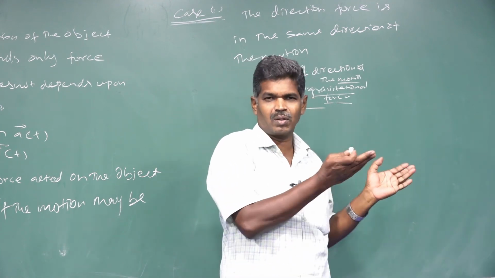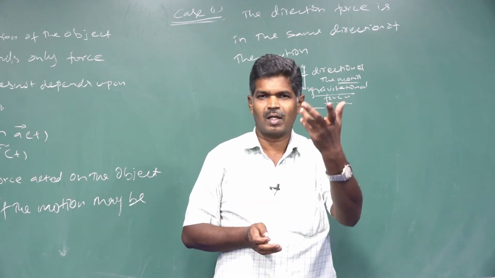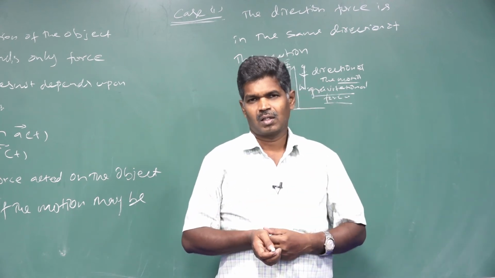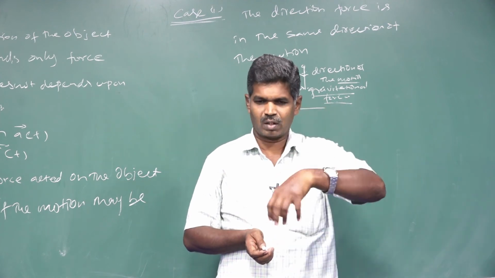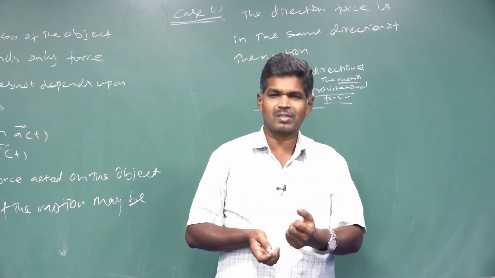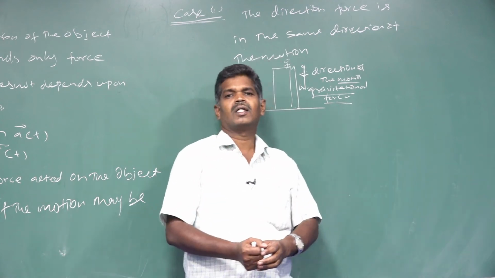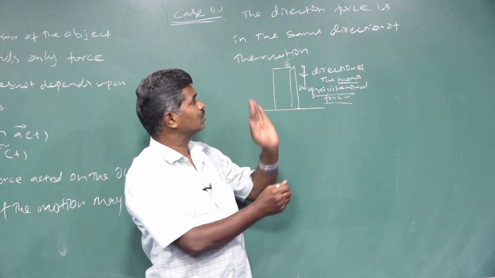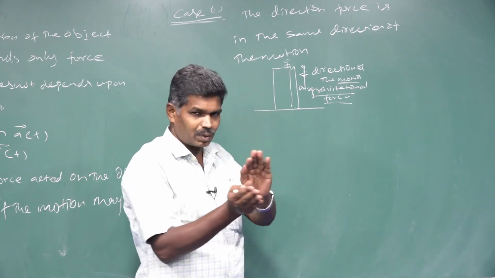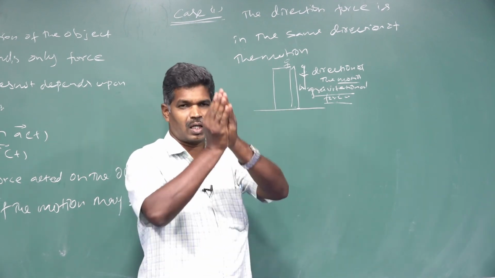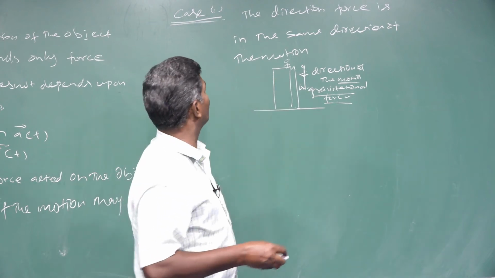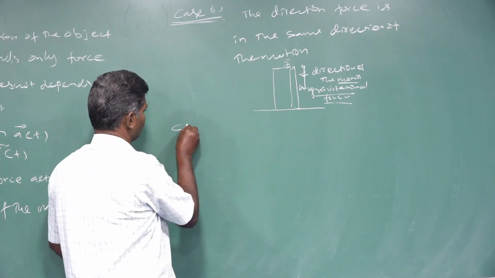Not only this example, we can take an apple falling from an apple tree towards the earth. There the movement of the apple, that is the motion of the apple, as well as the gravitational force acting, are both in the same direction. That is one example where the direction of the motion and the direction of the force are the same.